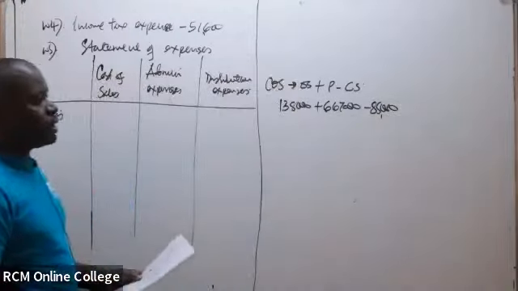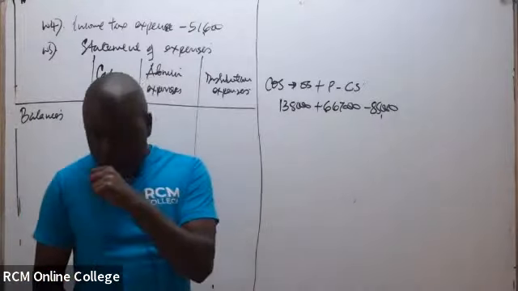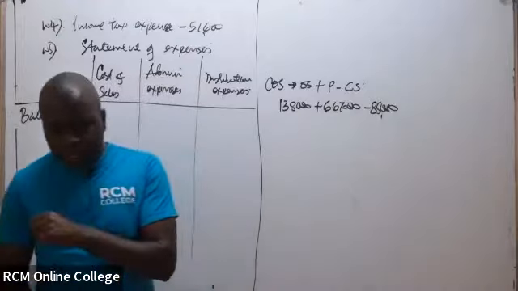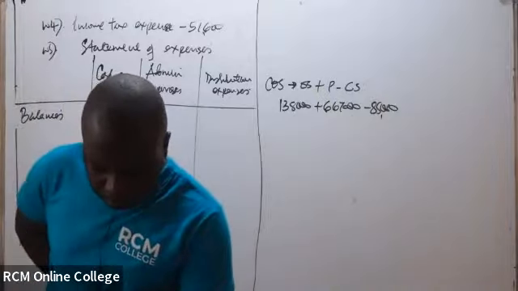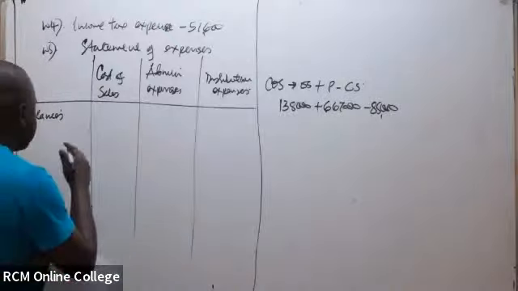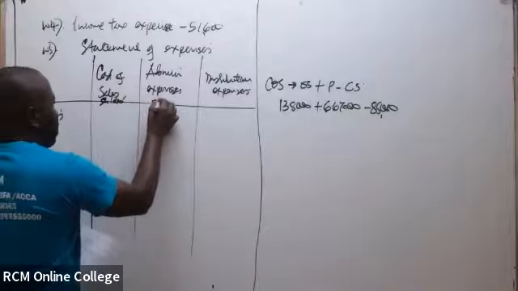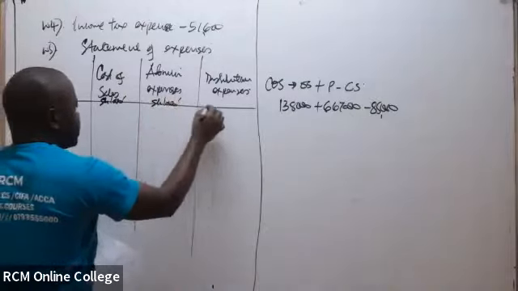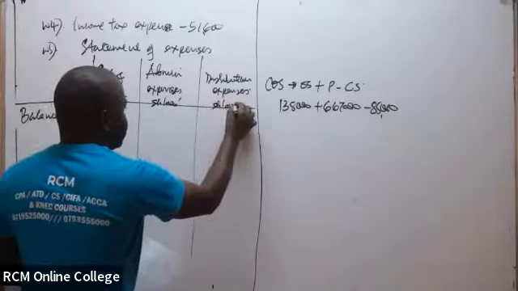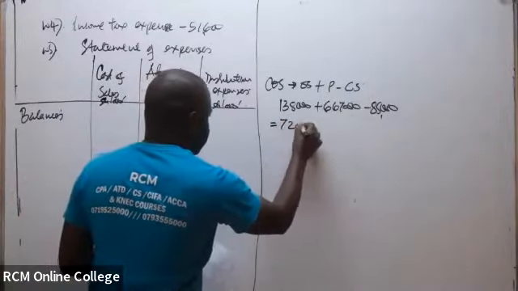So try to do the computation. What do you get? You get 720,000. Remember, our shillings here are in thousands, so you'll end up getting 720 million.